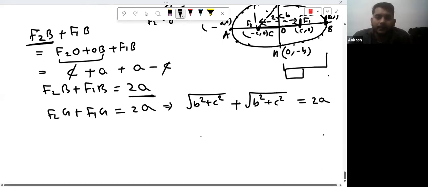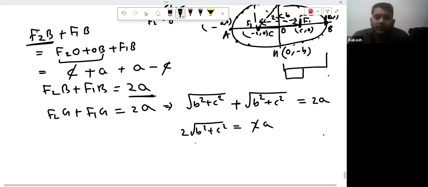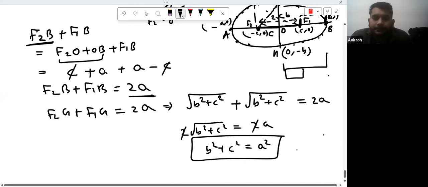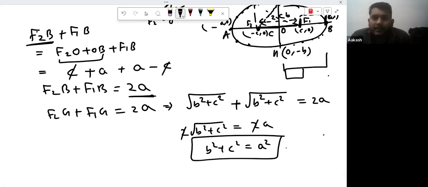So we can say 2 times the square root of b square plus c square is equal to 2a. The 2 is cancelled. So we can say b square plus c square is equal to a square. Is it clear? Yes, sir.